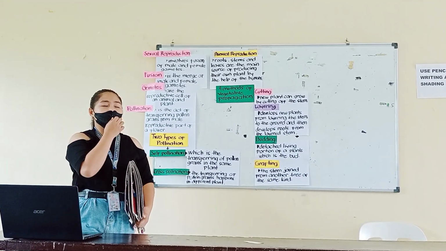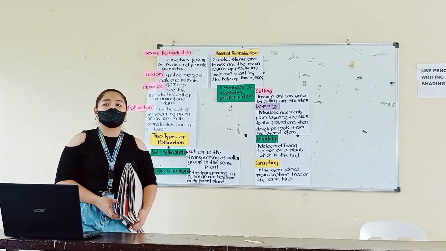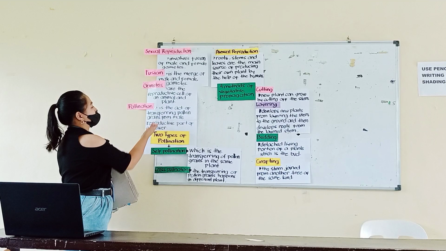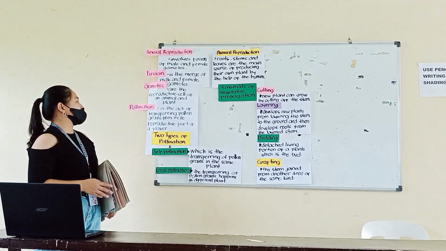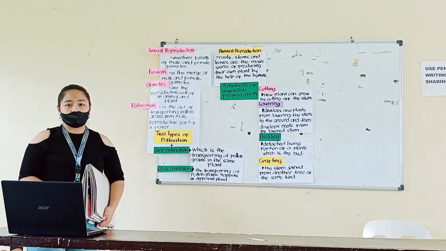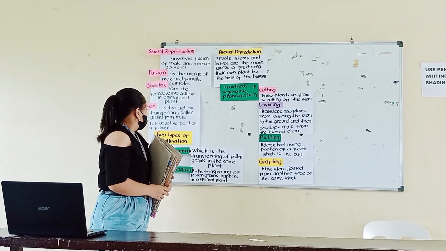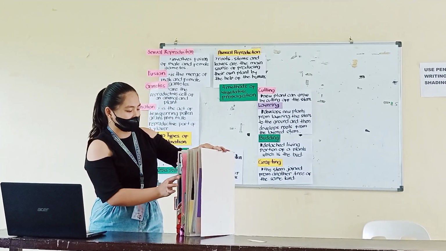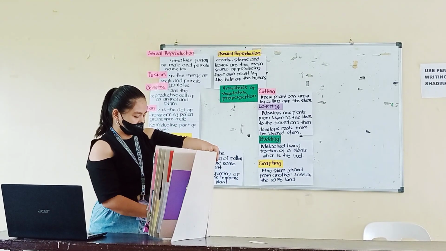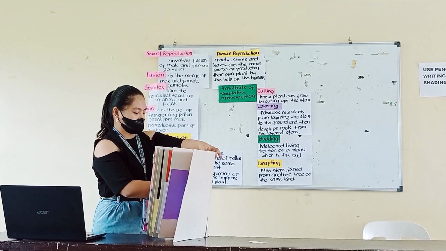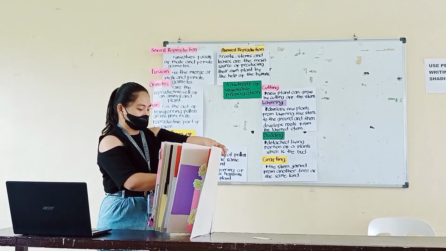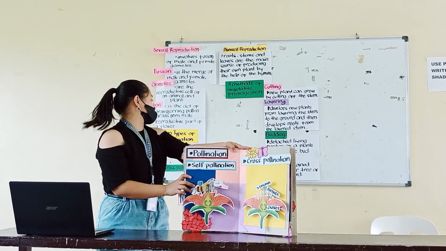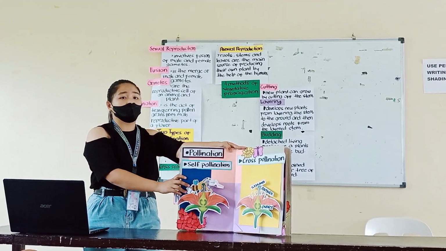So how does pollination take place in sexual reproduction? Pollination is the act of transferring pollen grains from the male reproductive part of the flower. Pollination is classified as self-pollination and cross-pollination.